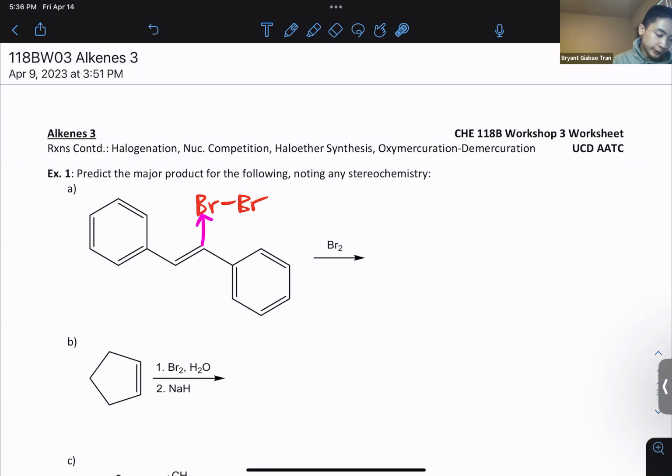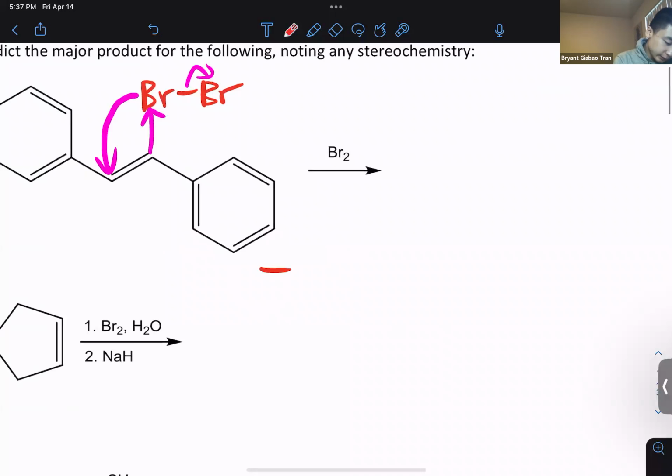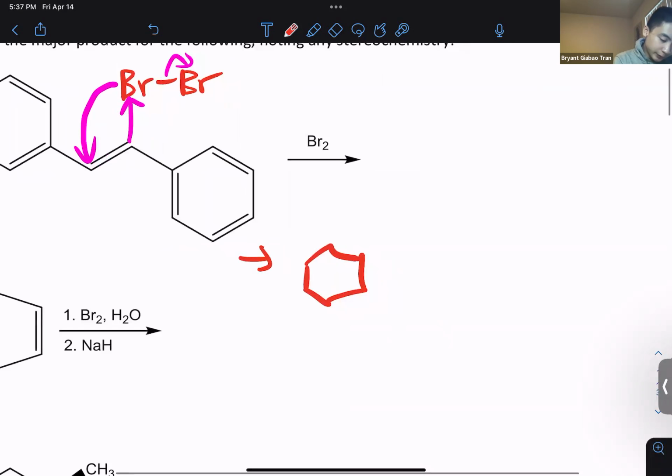As that happens, the alkene is giving up its electrons, becoming more positive or electrophilic, and as bromine is gaining more electrons, it's becoming more nucleophilic or more negatively charged, which then the bromine will come back and attack the other side of the alkene, kicking out the other bromine group there. Then our intermediate would look something like this here, where we form our bromonium ion.